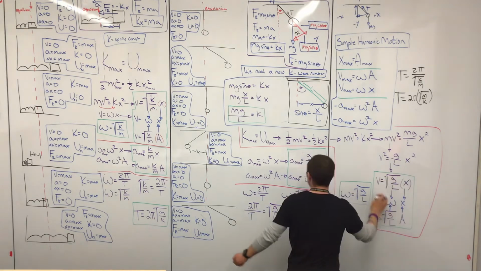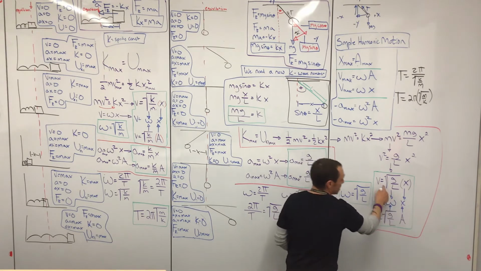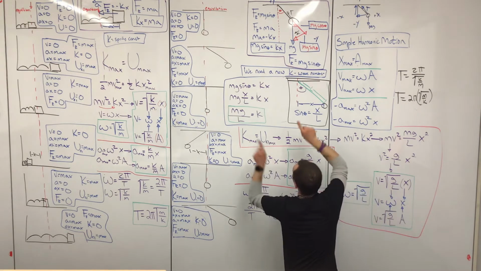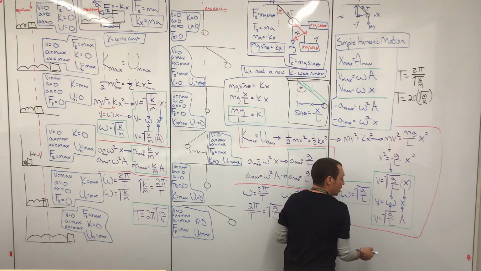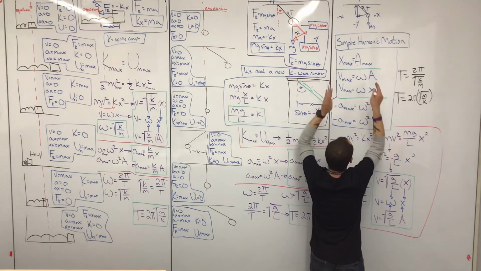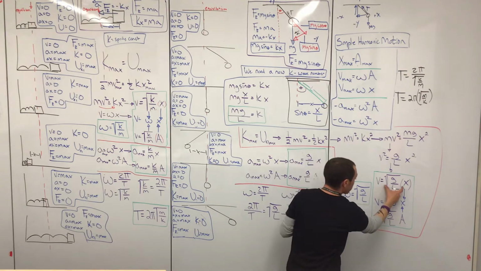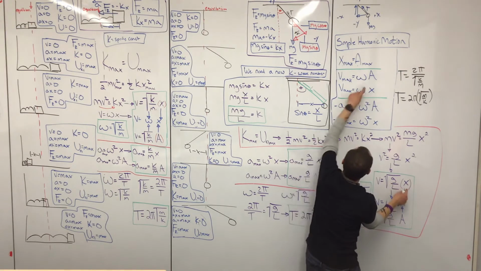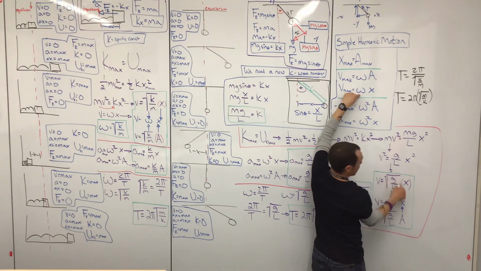So when we do this, just like we did over there, we indirectly found omega. We see that omega for a pendulum is the square root of g over L. And then x is just displacement. Again, where's that coming from? The general equation for max velocity for a simple harmonic motion. We compare this equation to it. We see, well, if these x's are the same, then whatever's here must be omega.